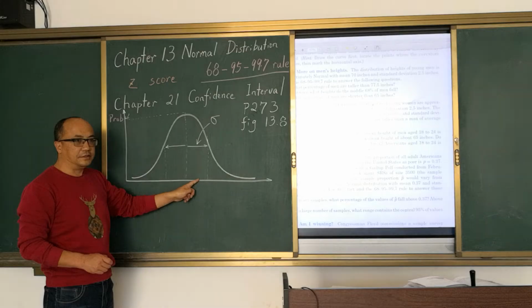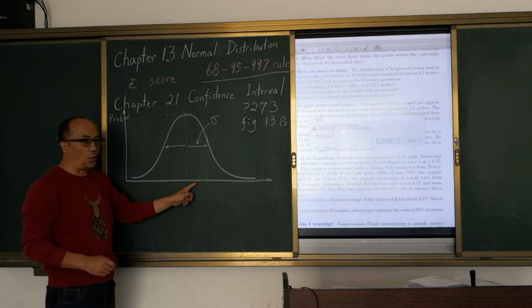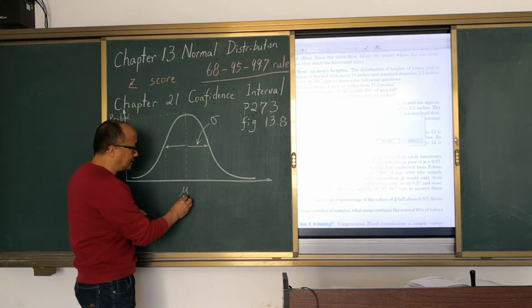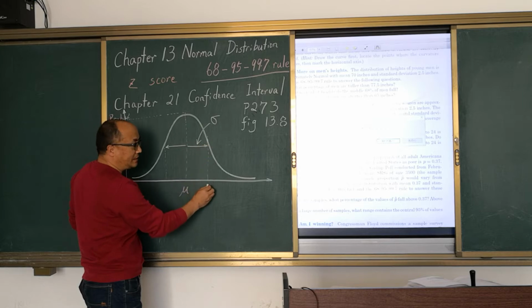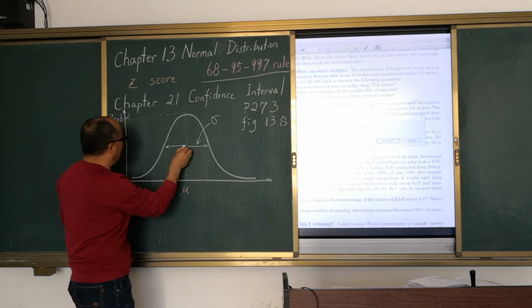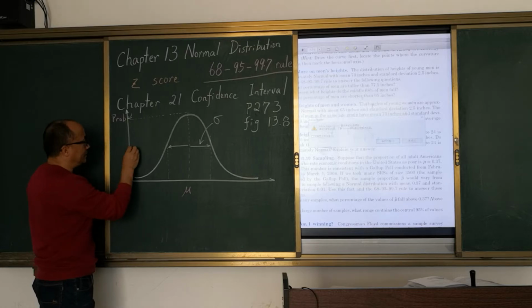Let's say here is 80 score. Here is, let's say, a 70 score. Here is 80 score. And the chance here, let's say 20%.